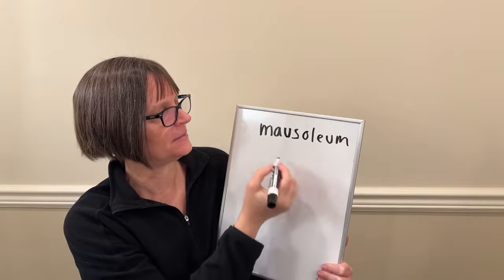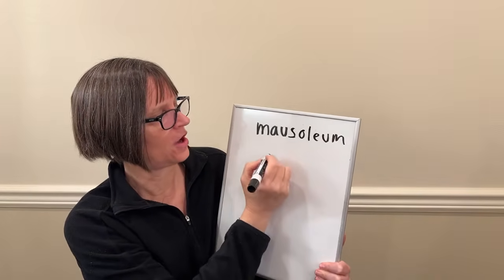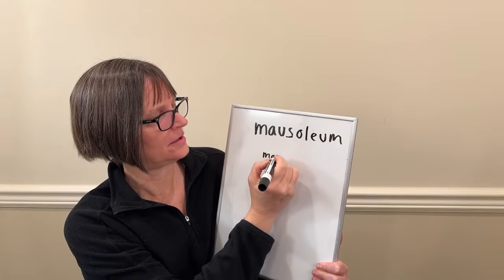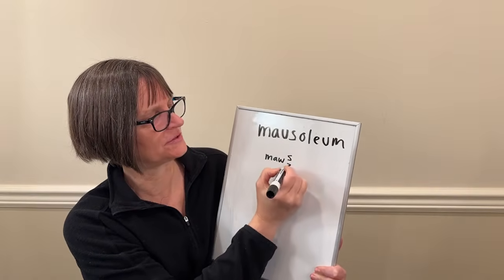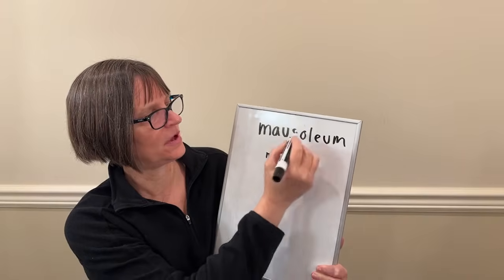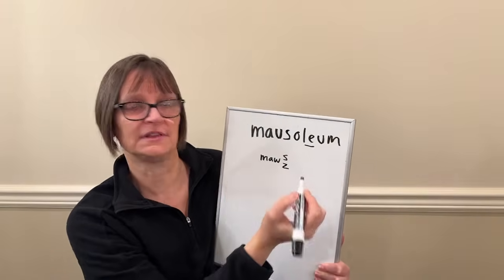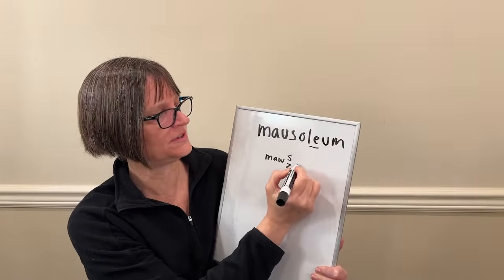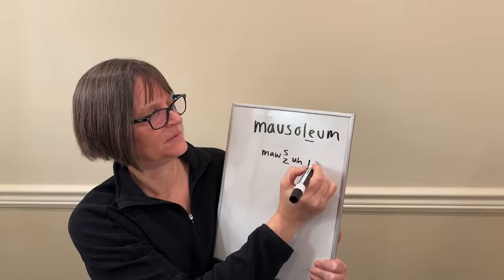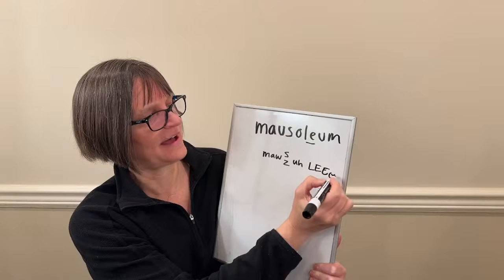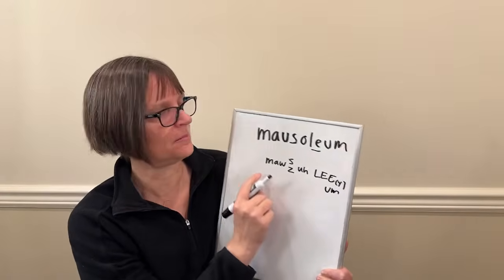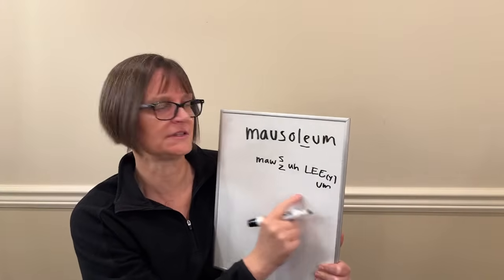Mausoleum. So we have the ma, the ah vowel. And I'm not actually sure if it's an S or a Z. Maybe it could do either. I know the stress is on the li syllable, so our O sound is going to be an oh. And then we're going to have that vowel-to-vowel linking between li and um.